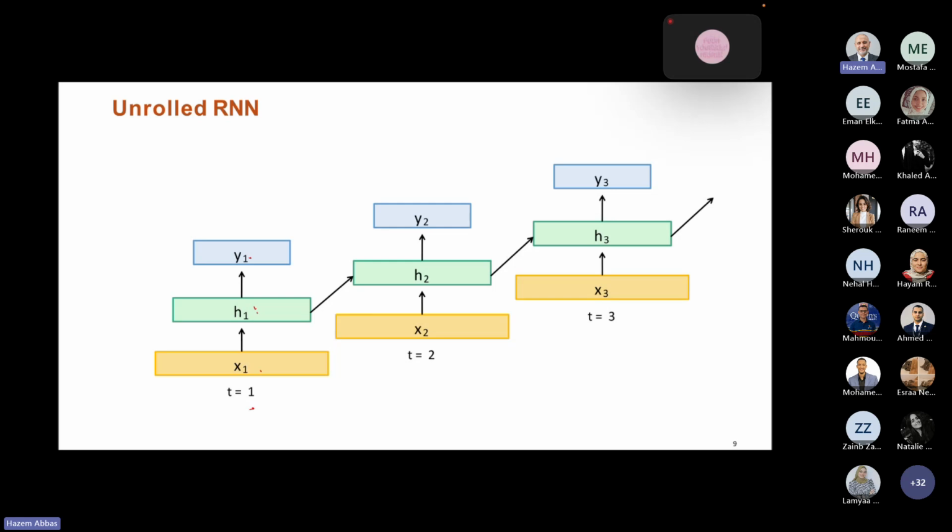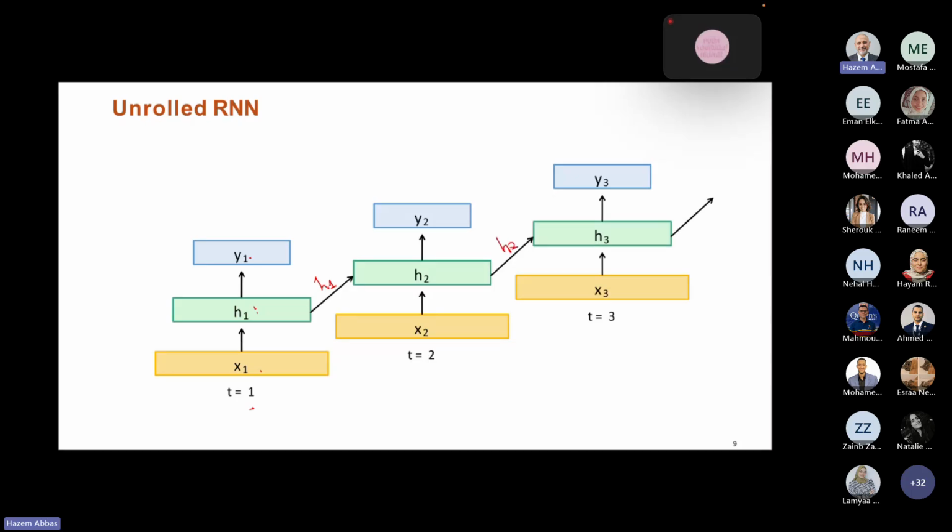At time 2, when we input the second word, we have the same architecture: input x2, and hidden output h2, but h2 also takes another input from h1, the previous hidden state, to produce y2. y3 is using input x3 and the previous h2.